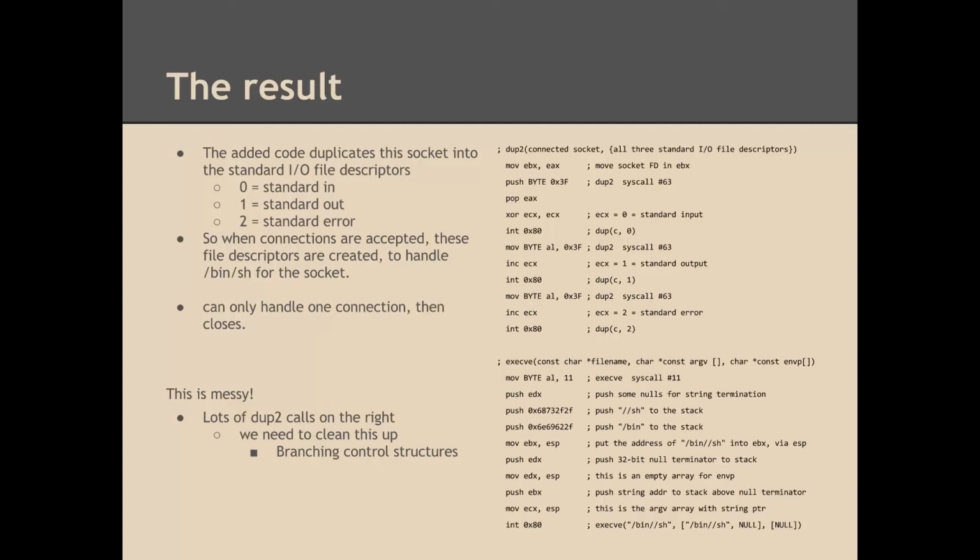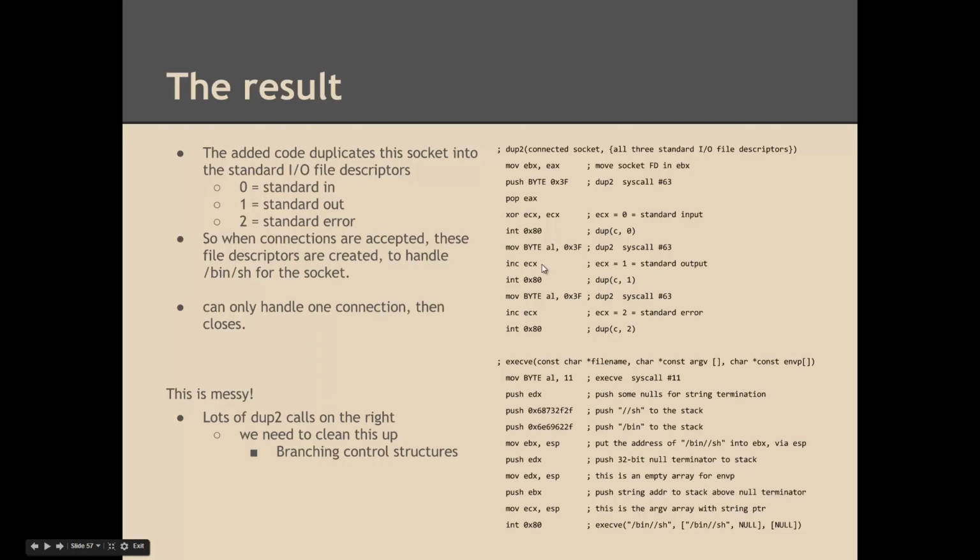And anyway it plays out, the upper 3 bytes of the 4-byte integer is going to be zeroed out. So since we don't care about it, we just make sure that it's still indicating to use the system call number 63, which is dup2, and we now want to call dup2 on our socket to specify standard out.